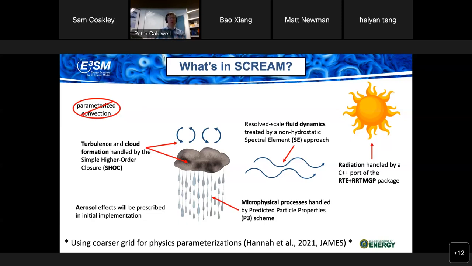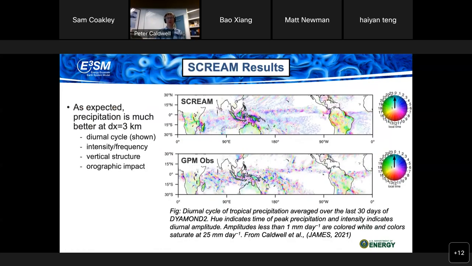So we're actually using a coarser finite volume grid for physics. Speeds up our whole model by a factor of maybe 25%, and gives us very similar answers. So microphysics is P3, I think I said, and radiation is RRTMGP, which is kind of the newest blockbuster radiation code that everyone seems to use.